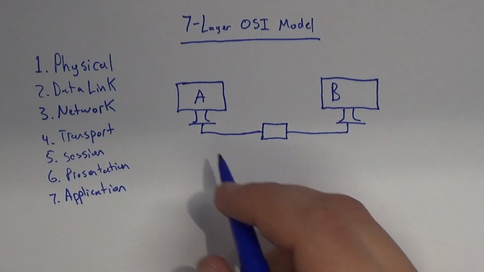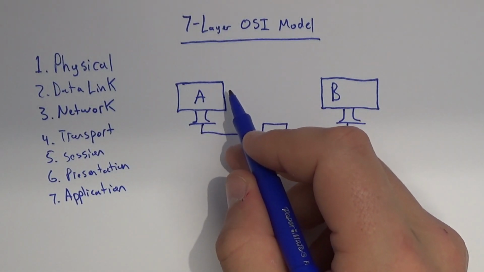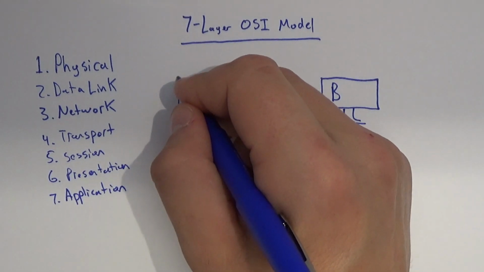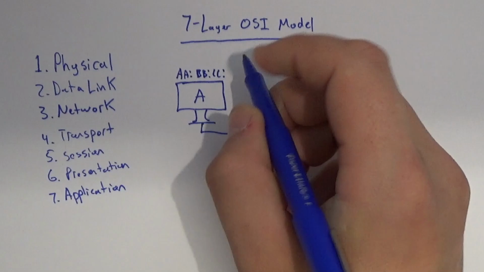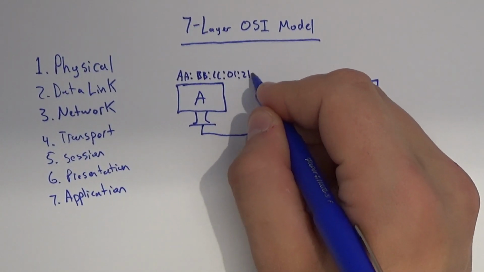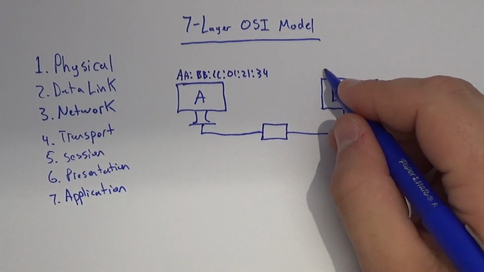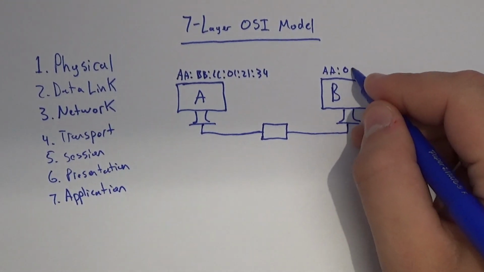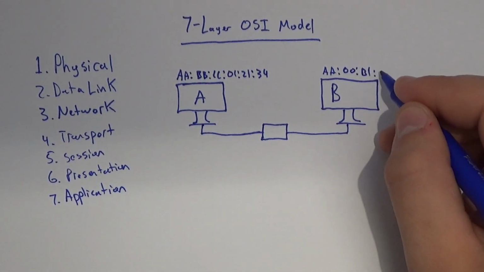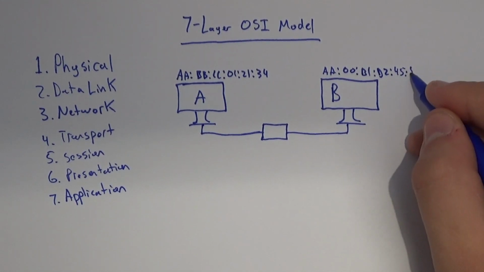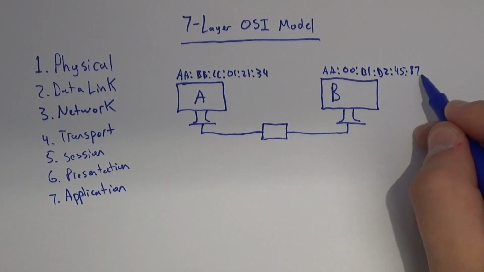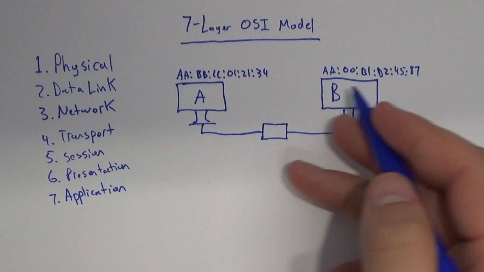Okay, so a MAC address is going to be 6 hexadecimal pairs, so we might have something like AA, BB, CC, 01, 21, 34, and this guy might be AA, 00, B1, D2, 45, 87, 12, 34, 56. Okay, so they're going to have MAC addresses.